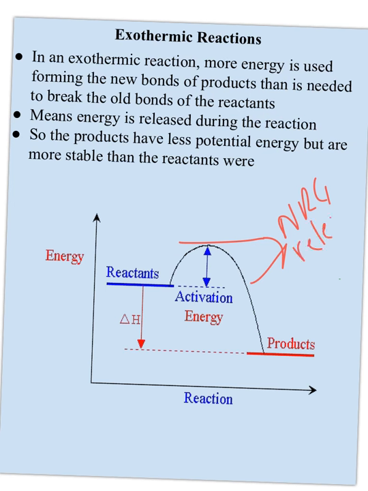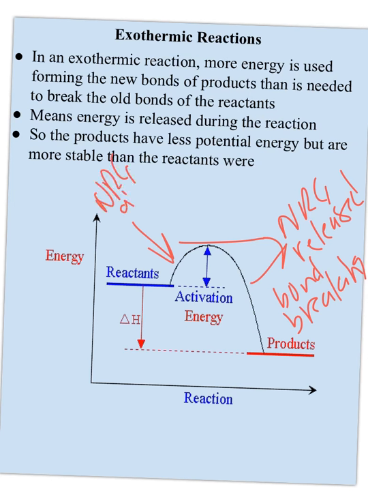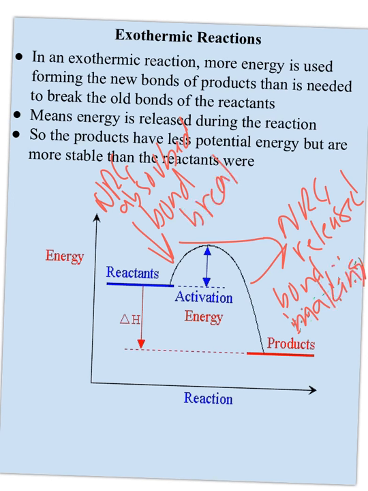So this is the energy in bond breaking, and that's less than the energy released in the bond, I'm sorry, this is the bond making over here. So the energy released in the bond making is greater than the energy that was absorbed for the bond breaking. So you have to break before you can make.